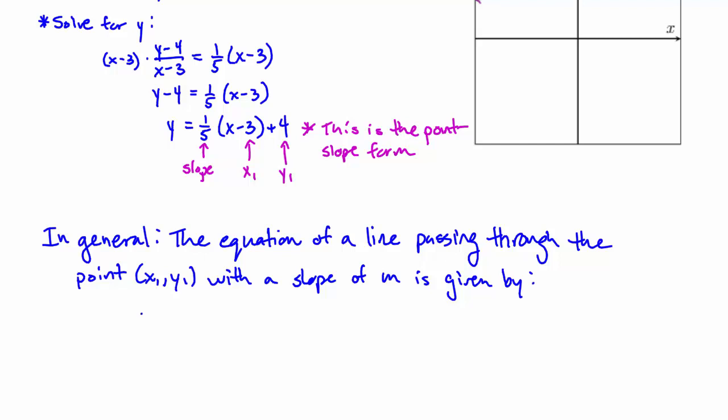We have y equals m, and then we're going to have a parenthetical expression with x minus x1 inside it. And then after that parentheses ends, we're going to have a plus y1.